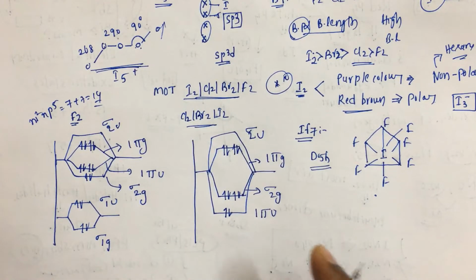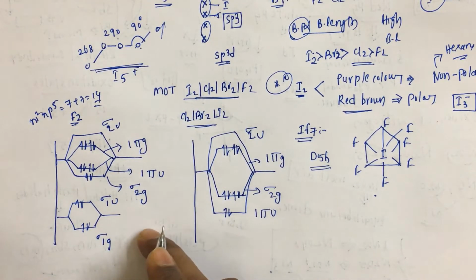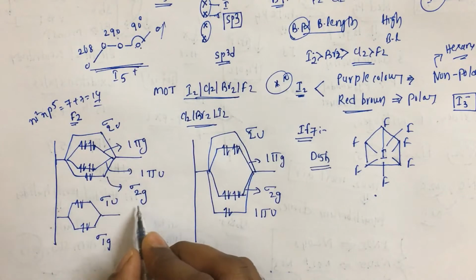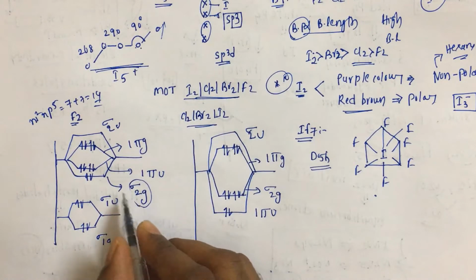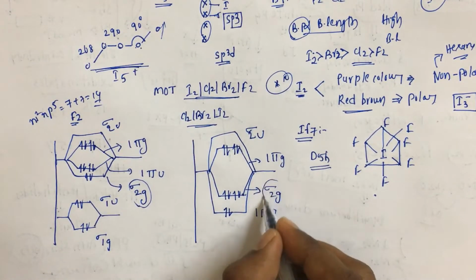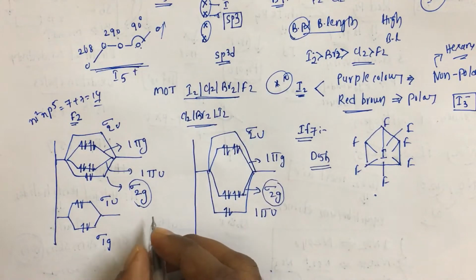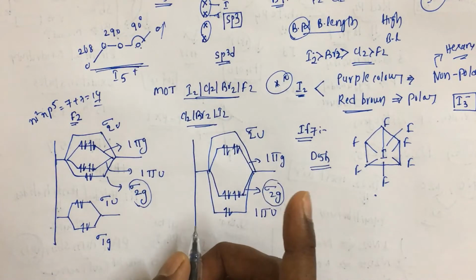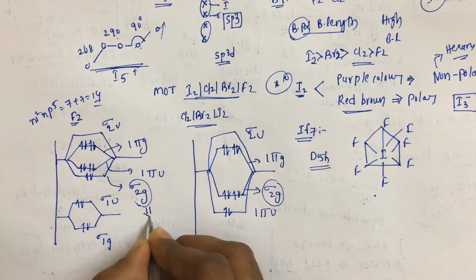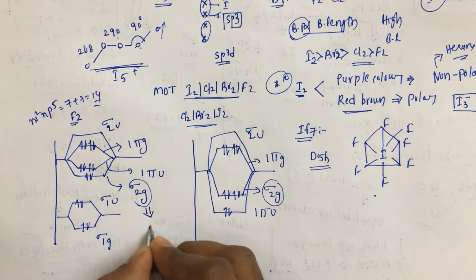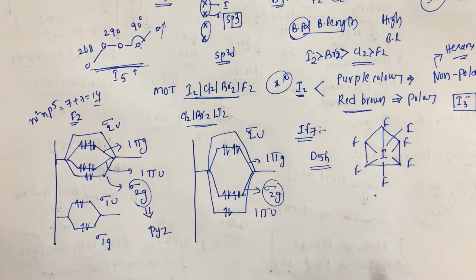Now what we need to remember is that for F2, the sigma 2g orbital is coming down, but here it's coming up.